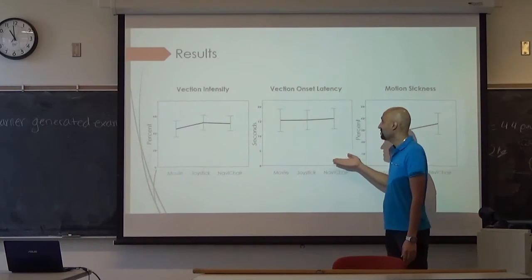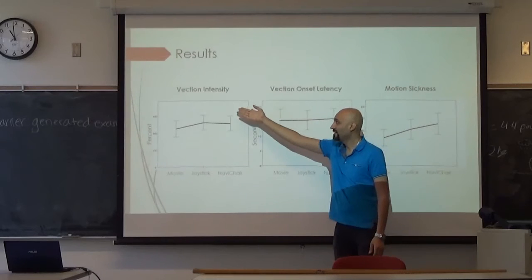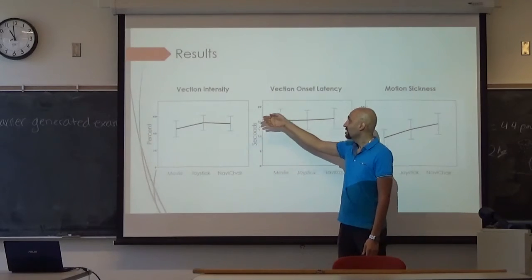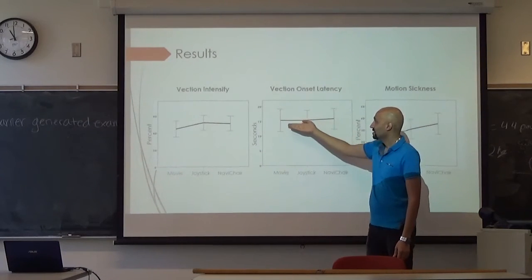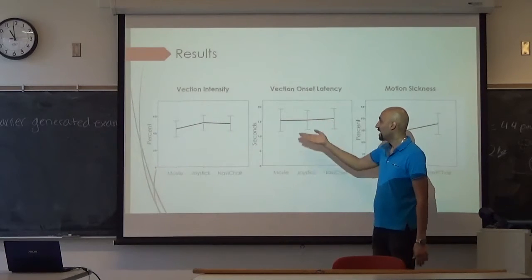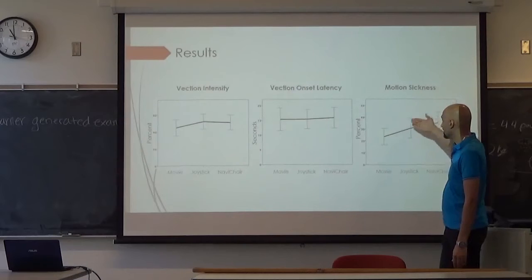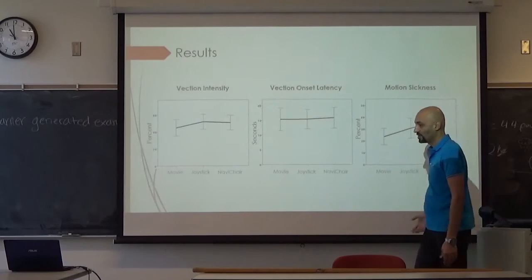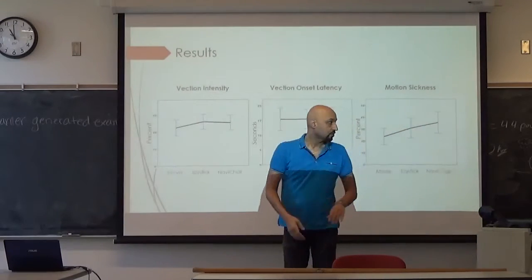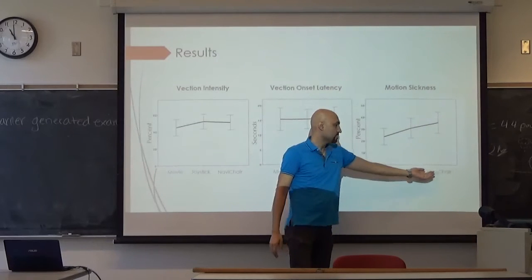So as you can see, even though they felt a little bit more vection, the latency of vection onset is almost the same, and the motion sickness could be increased by using these devices.